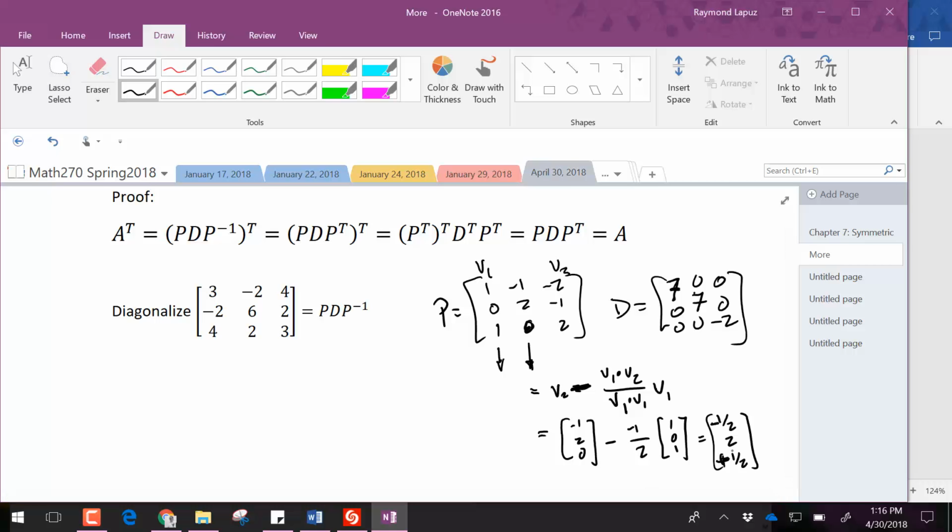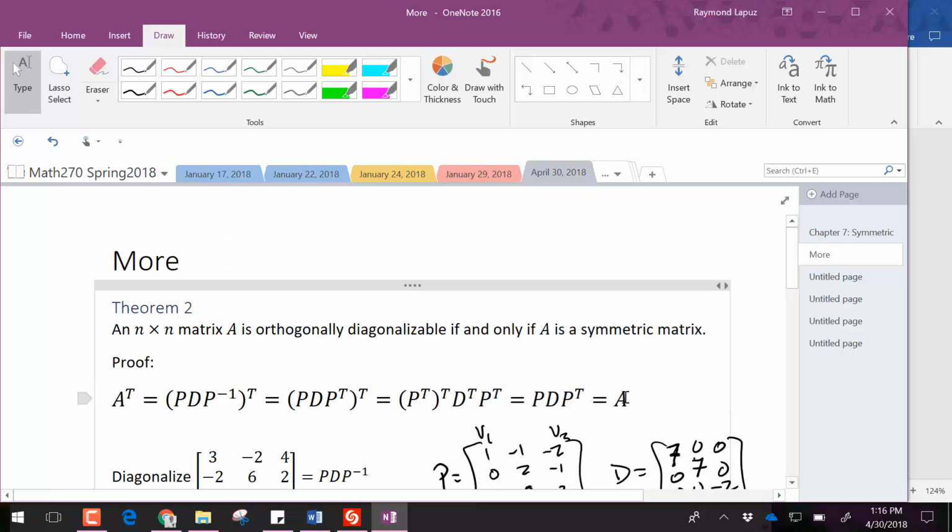Because we want to create an orthogonal matrix for P. But aren't we trying to find the orthogonal diagonalization?